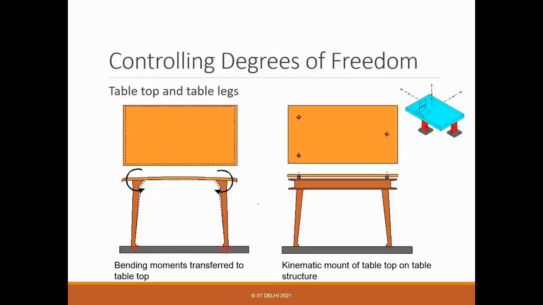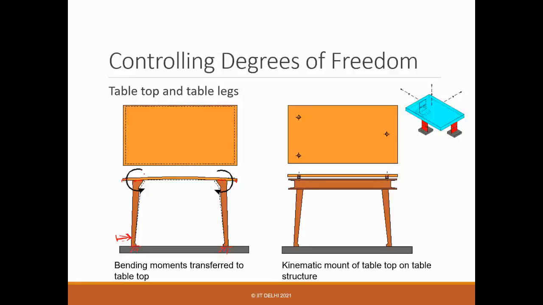So what happens in this case? Any sudden bump on it or any change, it will deform, and these bending moments will get transferred to the top of the table because this table is rigidly connected to this leg. There is a rigid connection here, either through bolts or through welding, right? It might be welded.